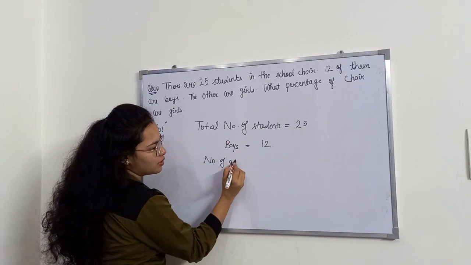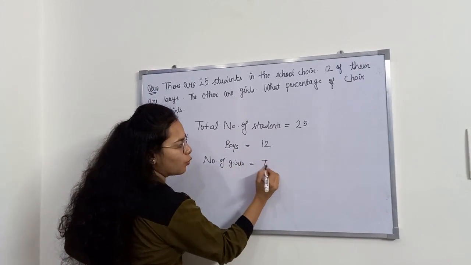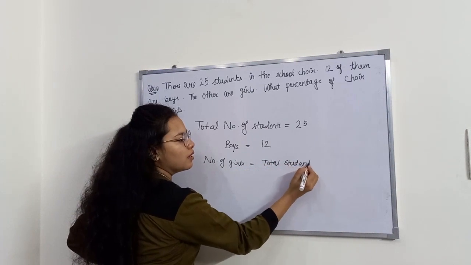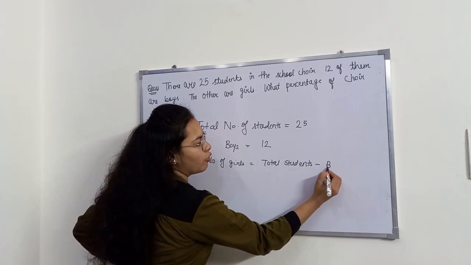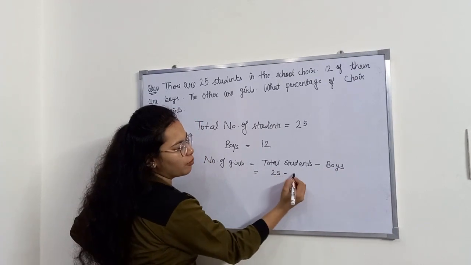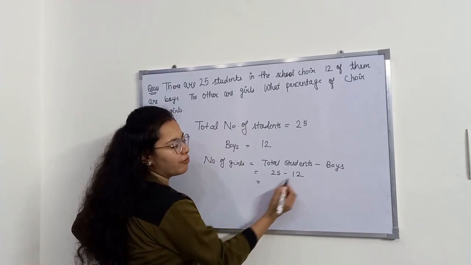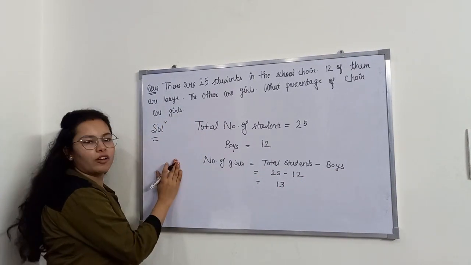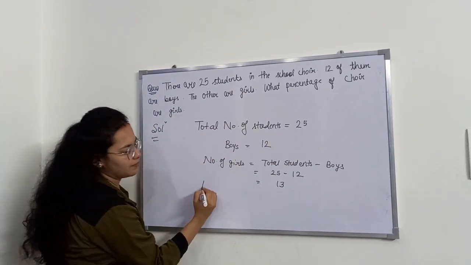So the number of girls is total students subtracting the number of boys. Total students is 25 and the number of boys is 12. 25 minus 12 is 13. So the total number of girls is 13. Now convert this into percentage.